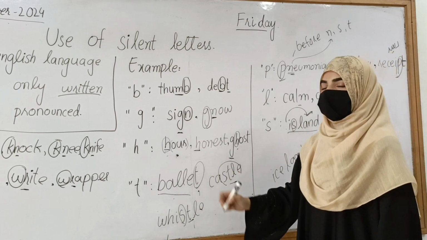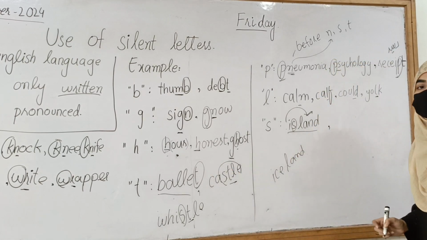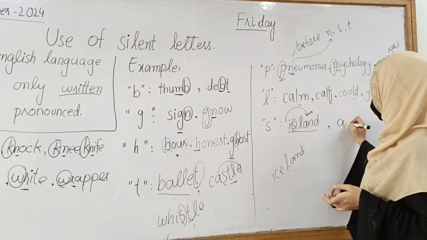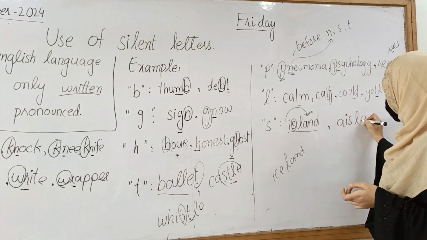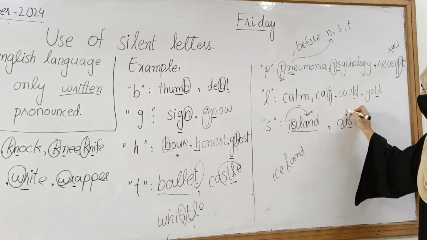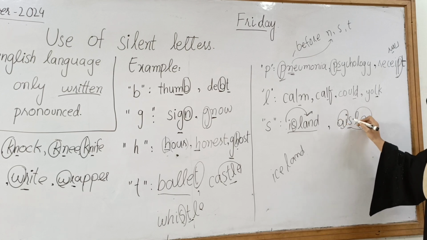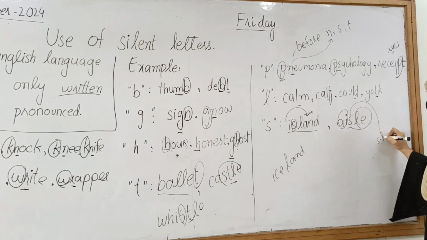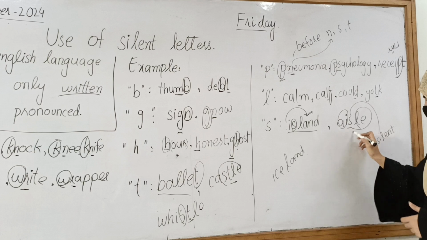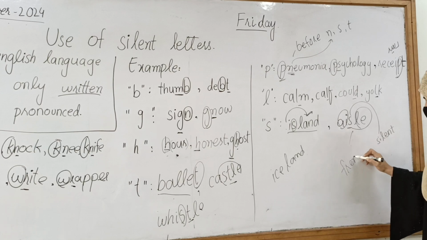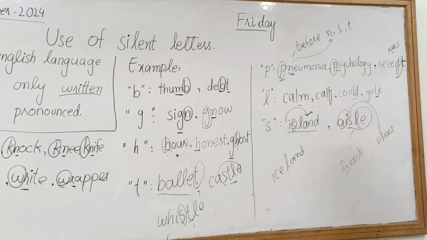Again, another French derived word, that is aisle. It's aisle, A-I-S-L-E. S is silent. Okay, it's a French word. So S is again silent here.